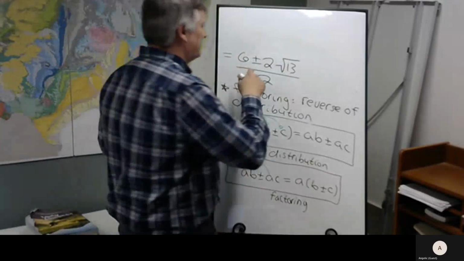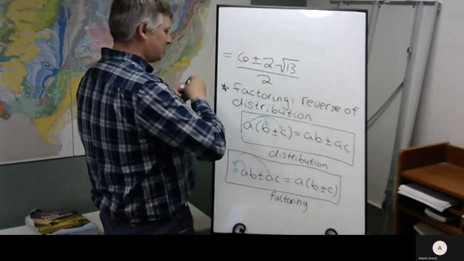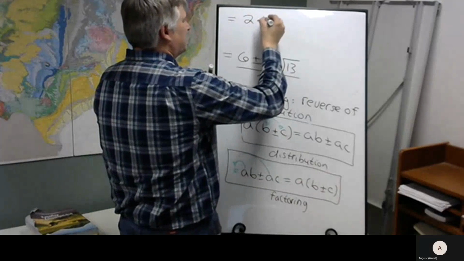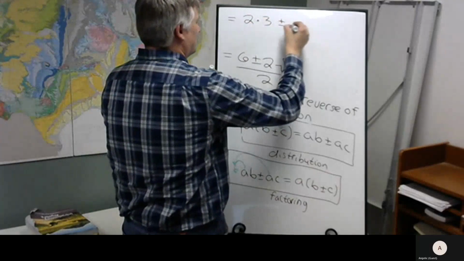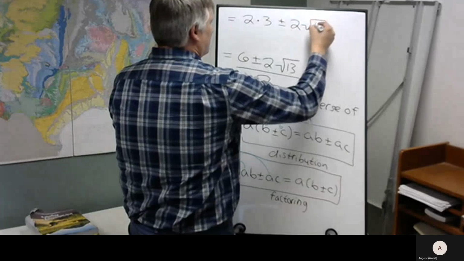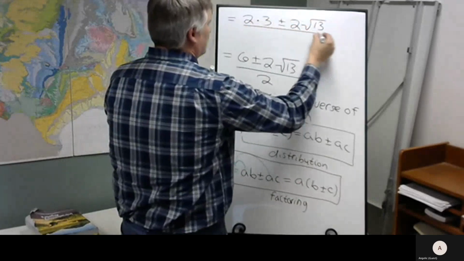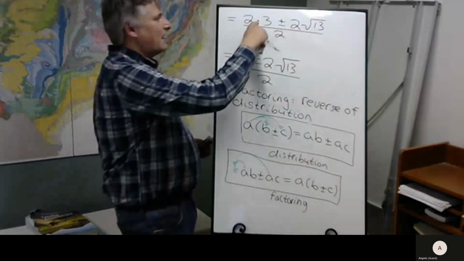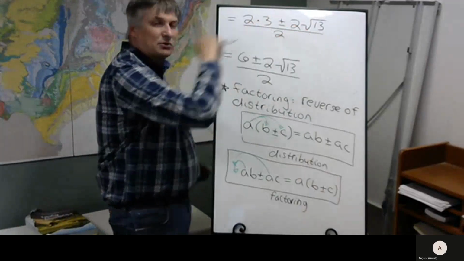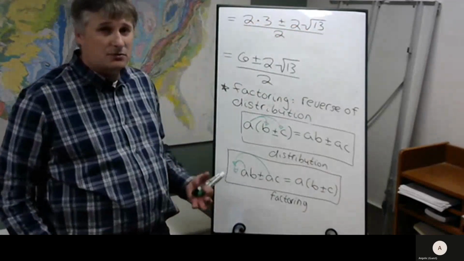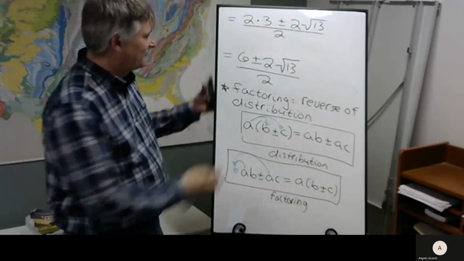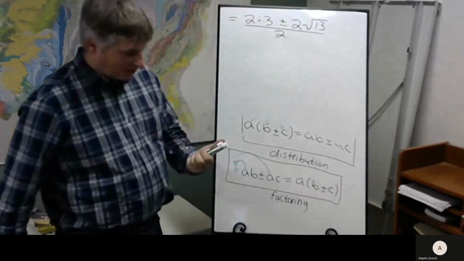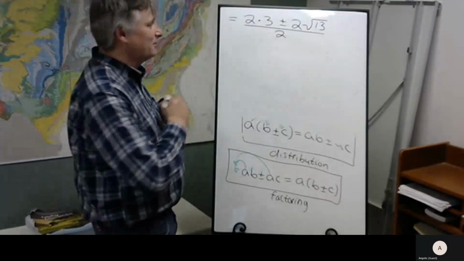And the way we can think of this, 6 is 2 times 3. So that means in the top, and remember, 2 next to the square root means 2 times the square root, we can factor out the 2.